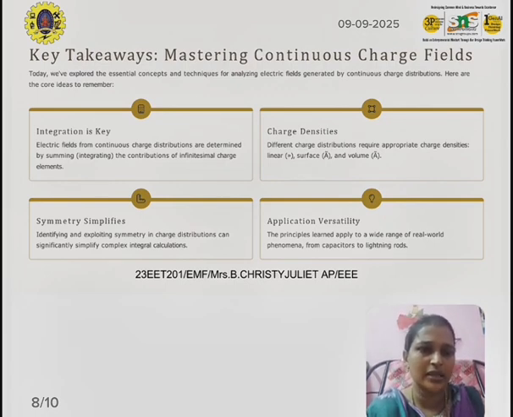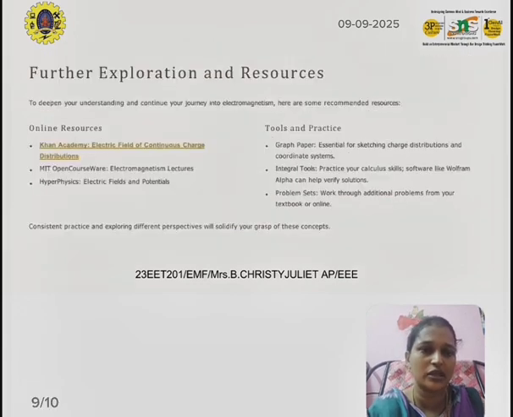Any test case we can take and find the electric field intensity for, so that we can understand the real-time application of these charge distributions and of finding these electric field intensity values.